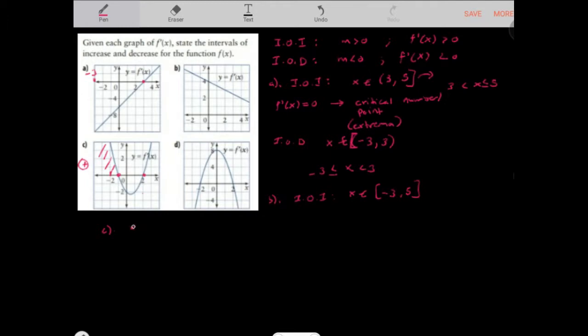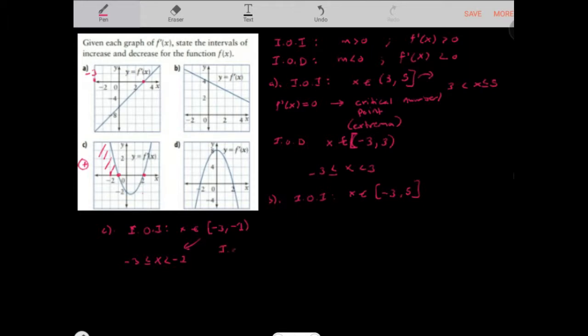So if we're looking at the interval of increase, we want to write x belongs to, so make sure you include that, x belongs to -3 inclusive and -1. What that's saying is x is greater than or equal to -3 but less than -1. Okay, so that's the interval of increase.